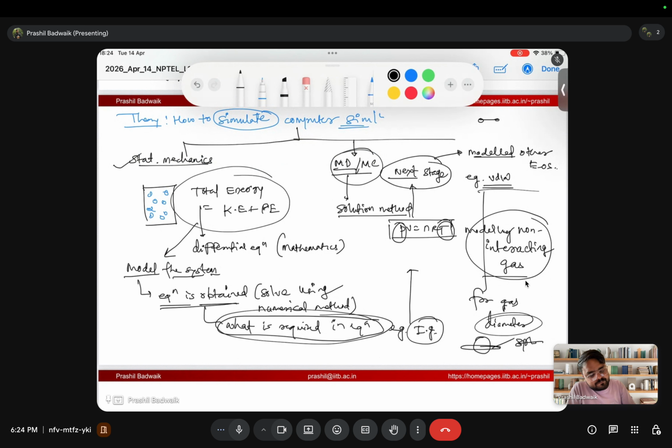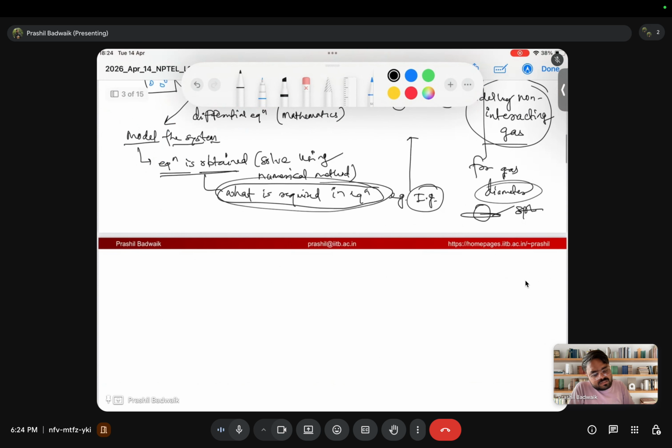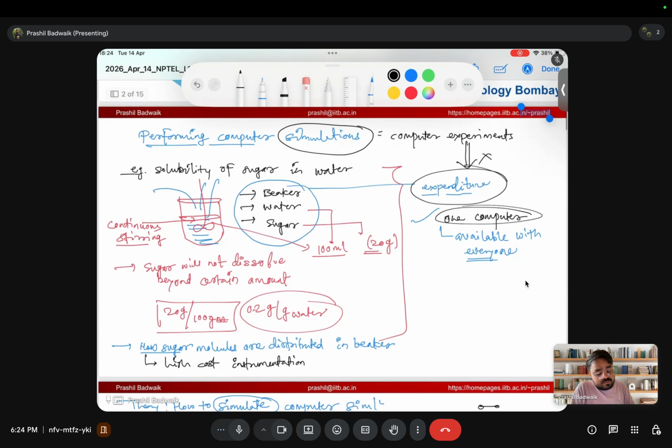For example, the experiment that I had told you, right? Solubility of sugar in water. So what we did just now, we added some chemical in water, and then we wanted to see what is the maximum capacity of that chemical in water, right?